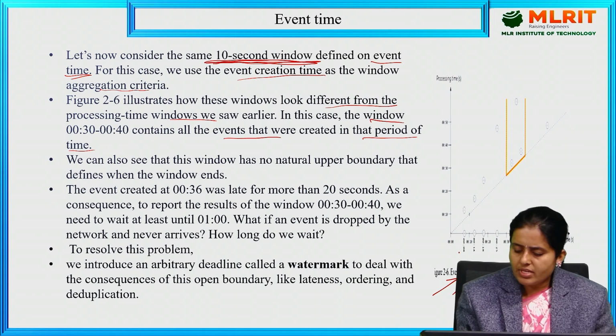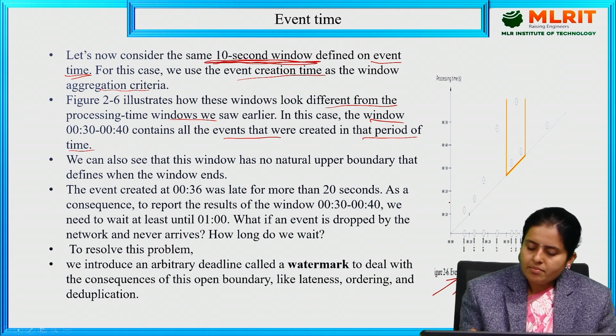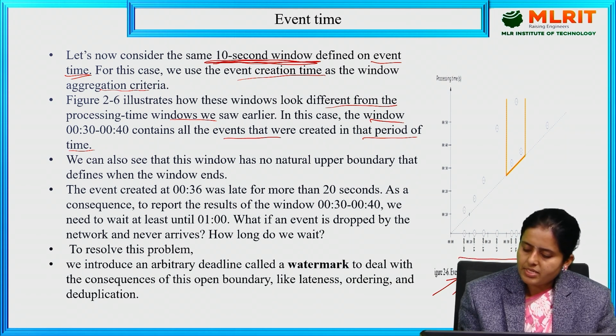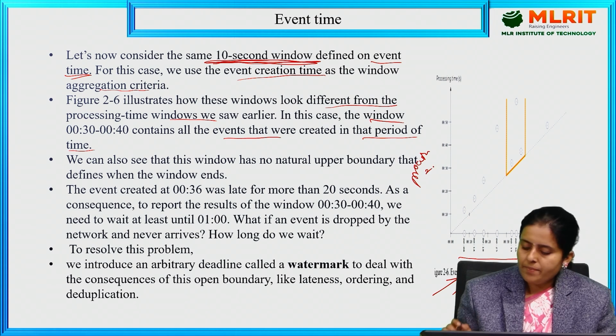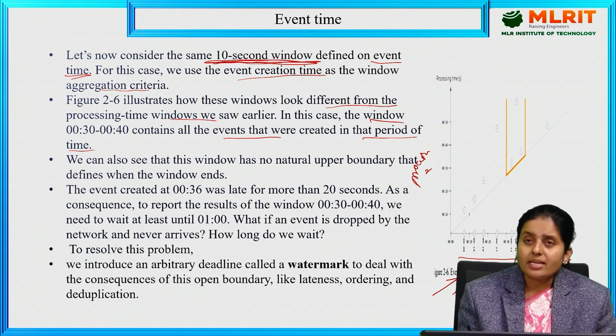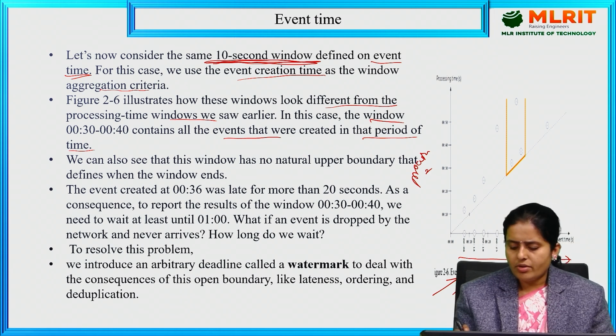With respect to event time, the x-axis represents event time and the y-axis represents processing time. The event has started at the 0th second.